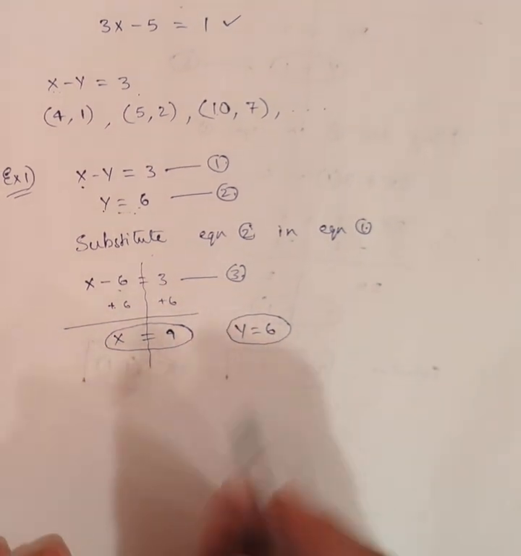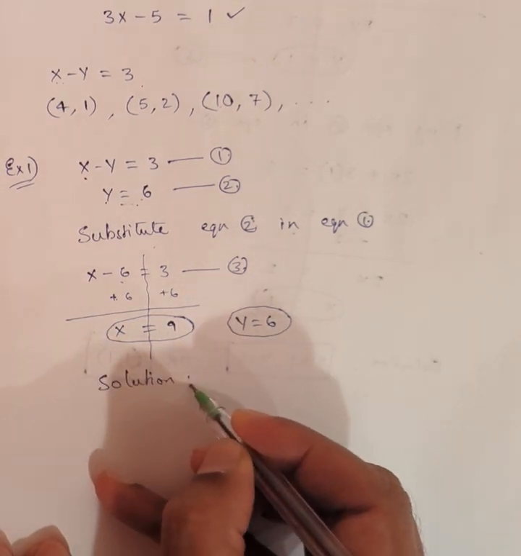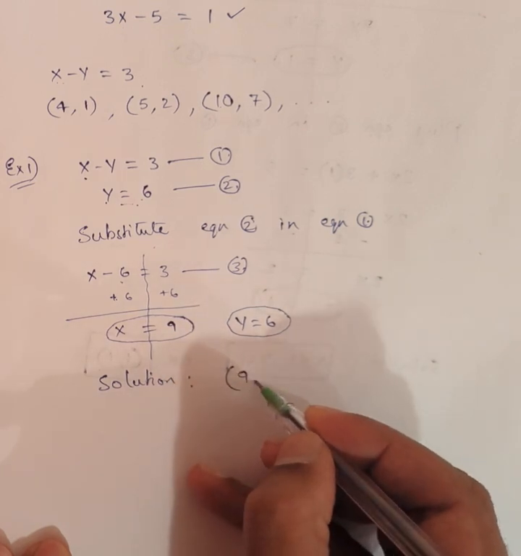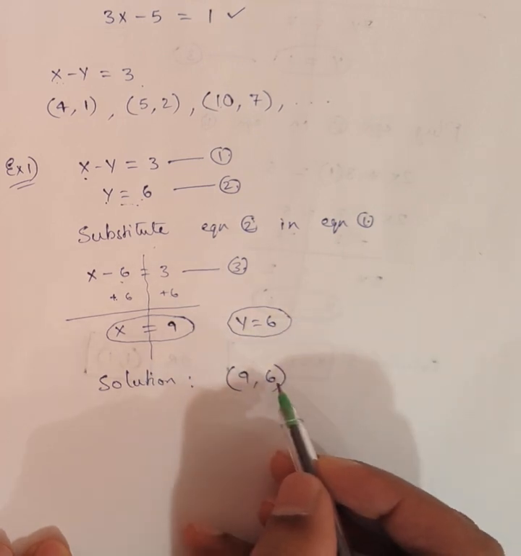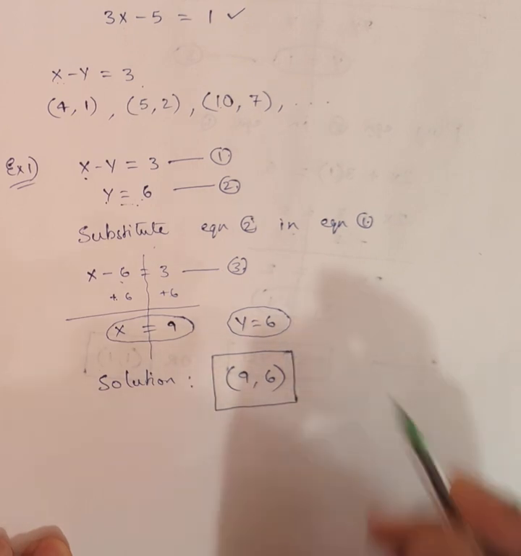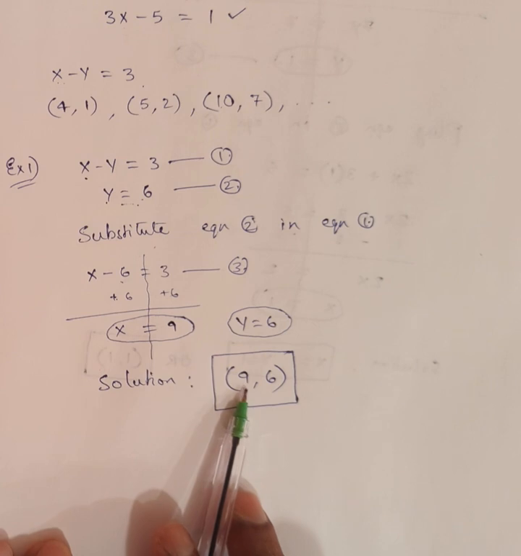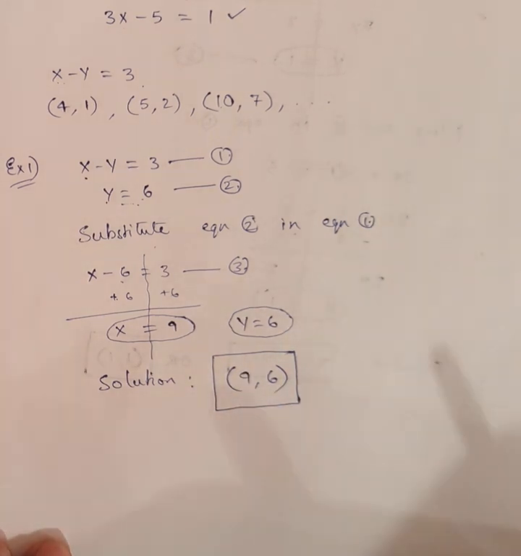Once I have both x and y, I can write down my solution. The solution is x is 9, y is 6. I can write it as an ordered pair. I write x first, then y. Anytime you see an ordered pair, the first number is the x value and the second number is the y value. So that was somewhat easy.